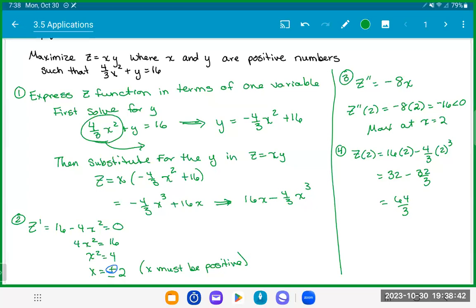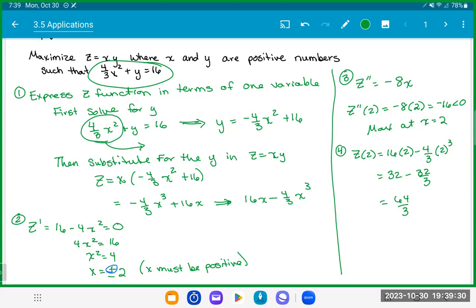So for x equal to 2, we find the y value. That's 16 minus 4/3 times 2 squared, just our original equation up here, and that gives us a y value equal to 32/3.